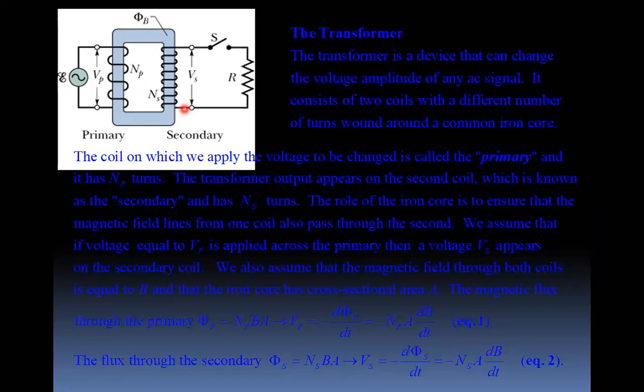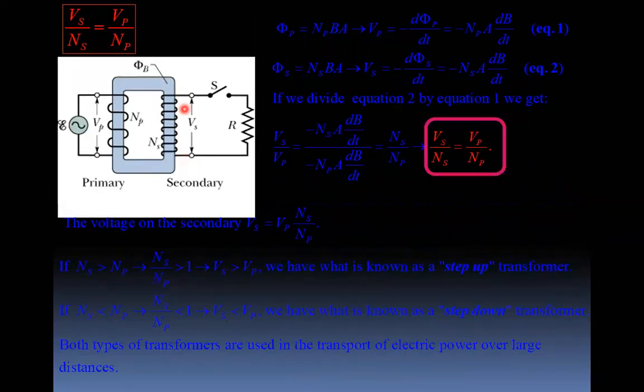Phi B should be equal to NP into BA, so the voltage is equal to minus d phi B by dt, or minus NP A dB by dt. Similarly, for the secondary it will be equal to minus NS A dB by dt. So if you calculate the primary and secondary magnetic flux, you'll get these two equations.